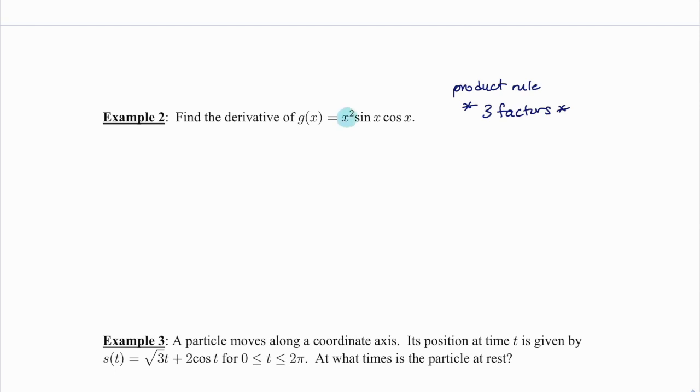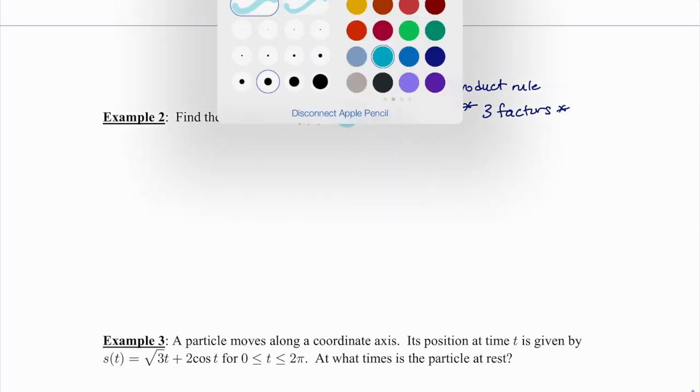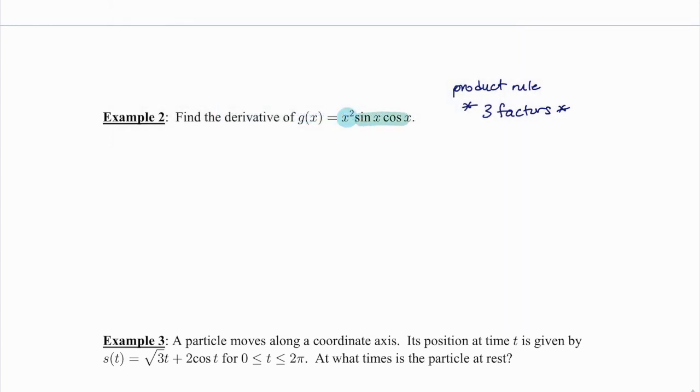So maybe I'll keep x squared by itself, and I'll think of this as x squared times the second factor, sine x cosine x. And so when I do my derivative, I'll think the derivative of g is going to be the first factor, and I'm just going to map it out.